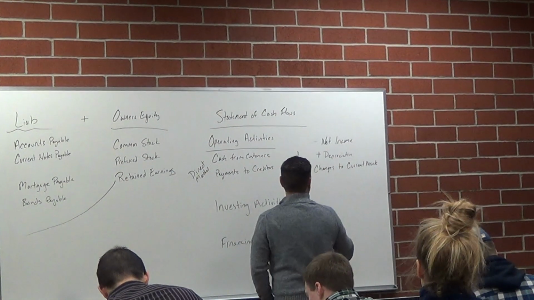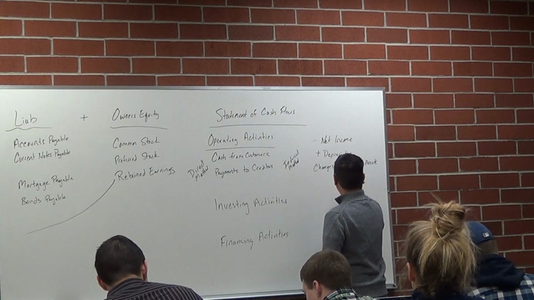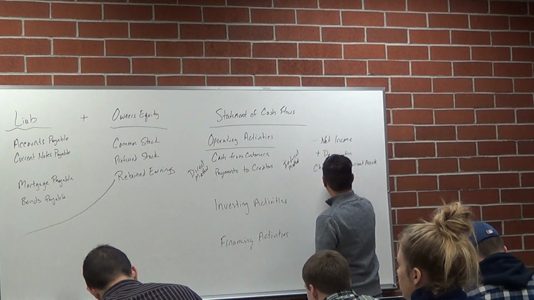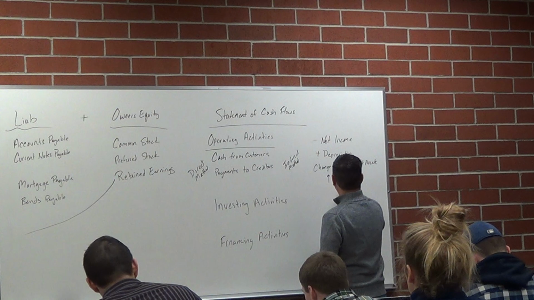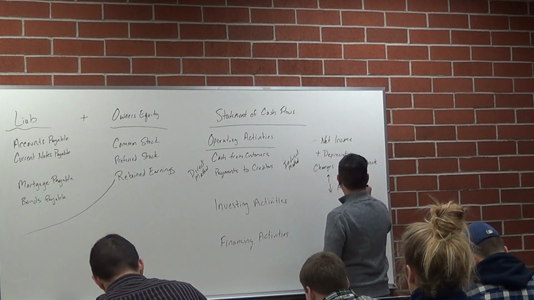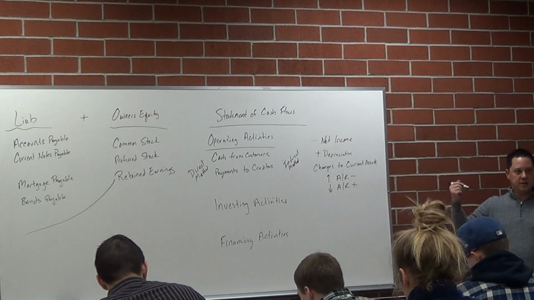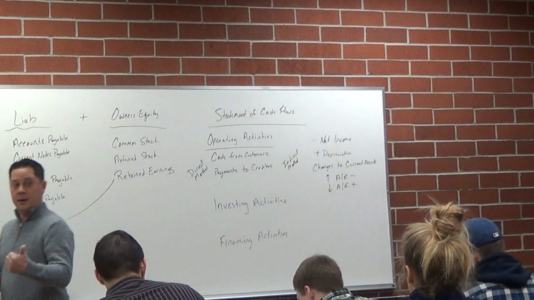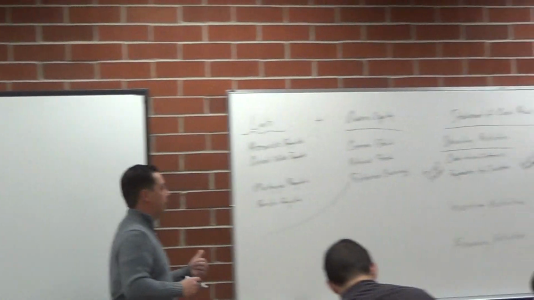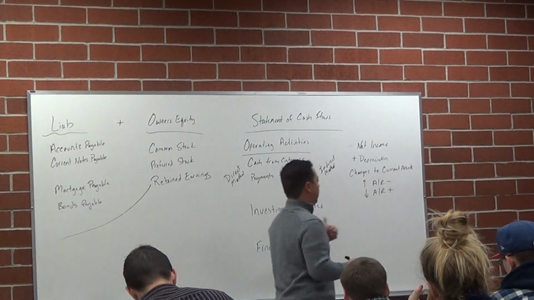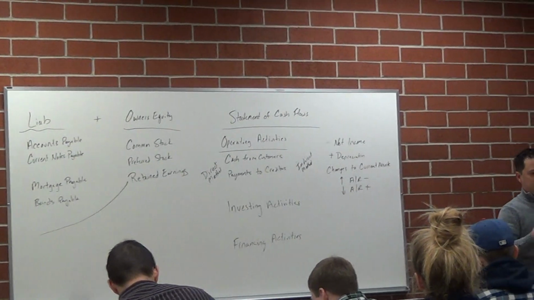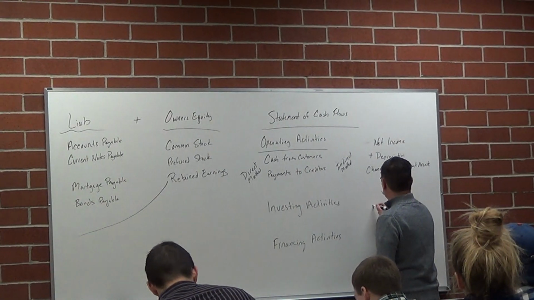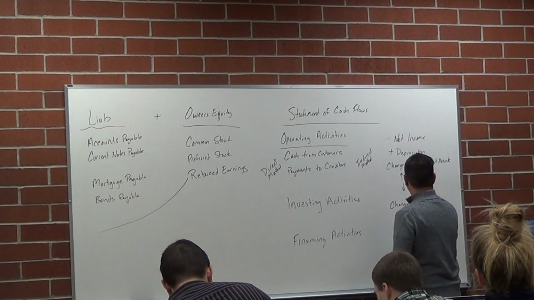So if my accounts receivable, I'm just going to call it my AR, goes up, I will subtract. If my accounts receivable goes down, I will add. And that goes the same for the rest. You'll look at all the current assets that you have, including prepaid expenses and those types of things. We're looking at all of them except for the cash one, because we're trying to calculate the cash. Now we'll look at the changes to current liabilities.